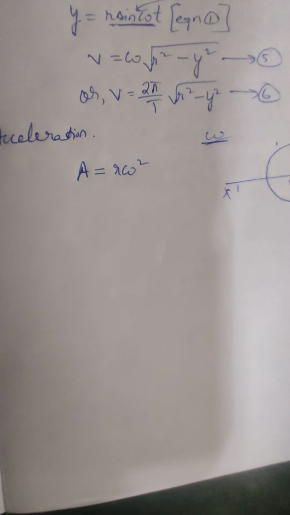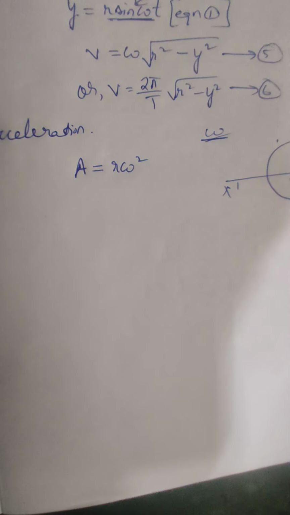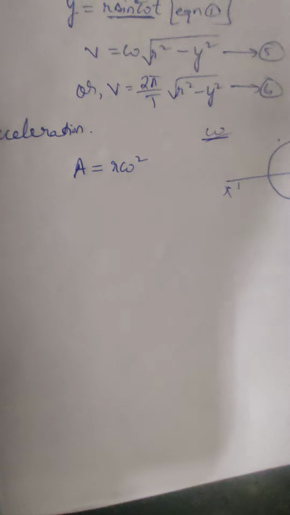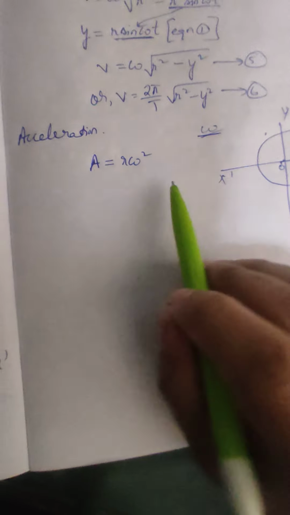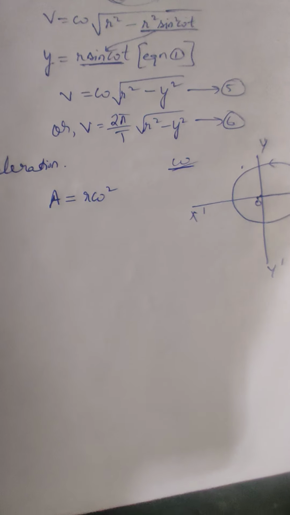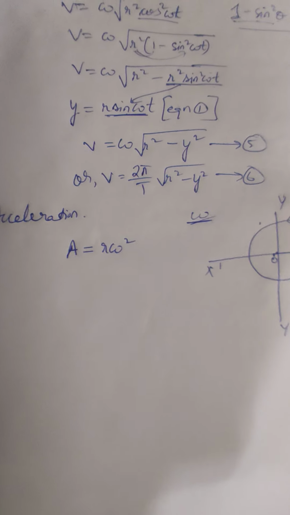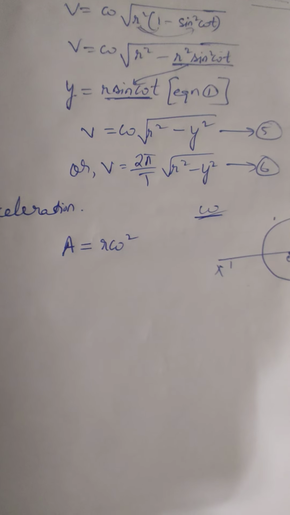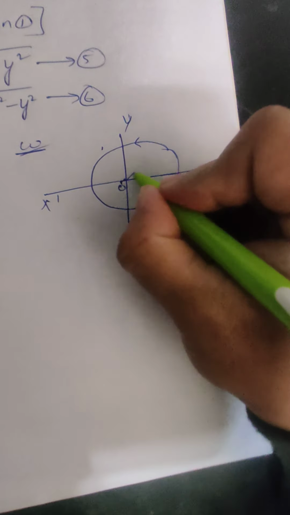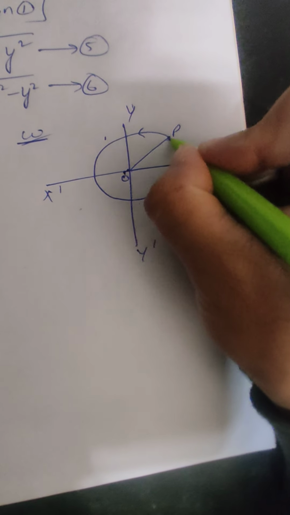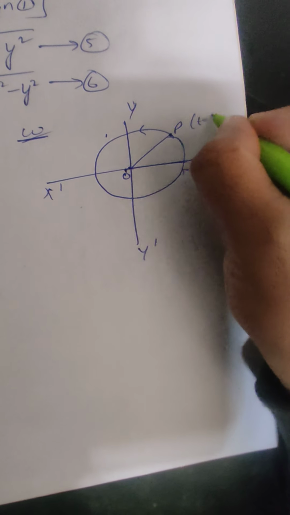This we even studied the derivation of in first term, if you look back at your notes. So this is the definition of centripetal acceleration, r omega square, where r is the radius of the circular path and omega is the angular velocity. Now, let us consider the object at time t.